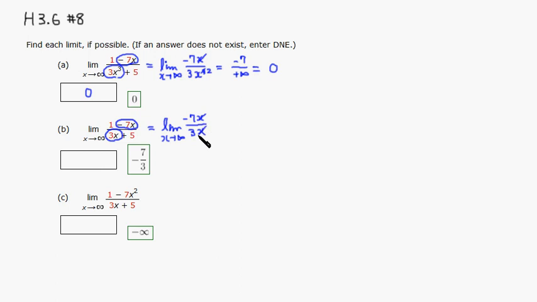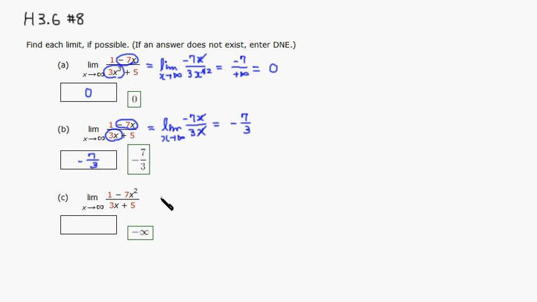The x and x cancel out, right? So you can see that we are taking a limit of a constant, negative 7 over 3. So the limit is going to be the same constant, negative 7 over 3. Right? So you have negative 7 over 3.